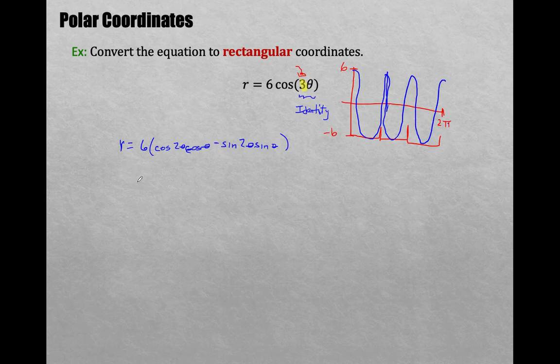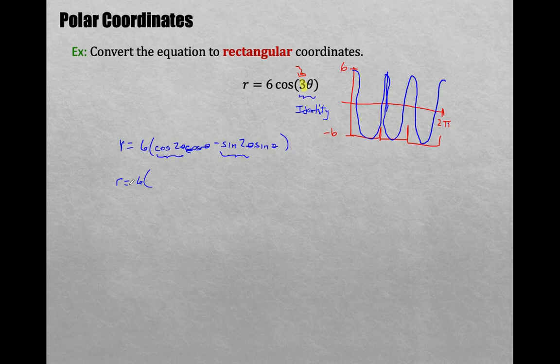Now I'm going to do some algebra with this. And again, sorry for the sloppiness there. Cosine 2 theta, cosine theta minus sine 2 theta, sine theta. Now I'm going to use some more identities. I'm going to use an identity there, and I'm going to use an identity here. These identities you should know.